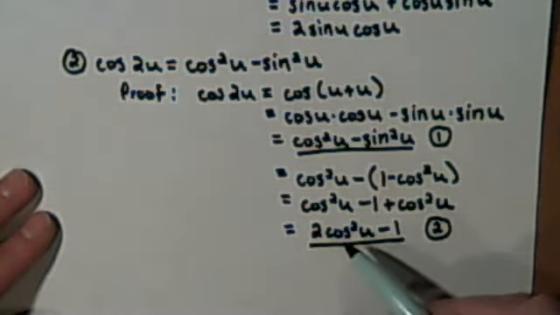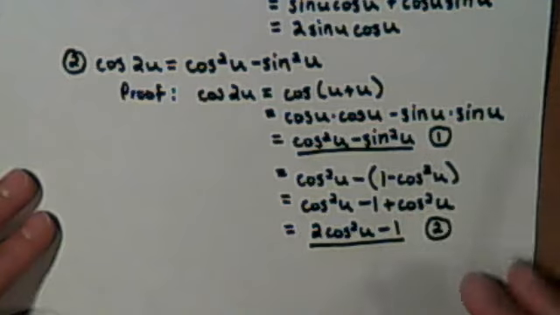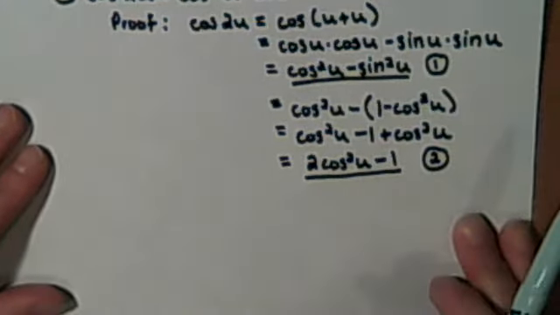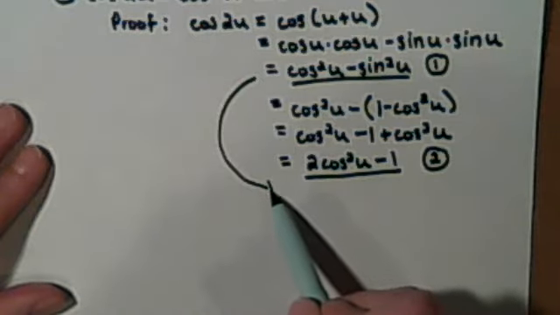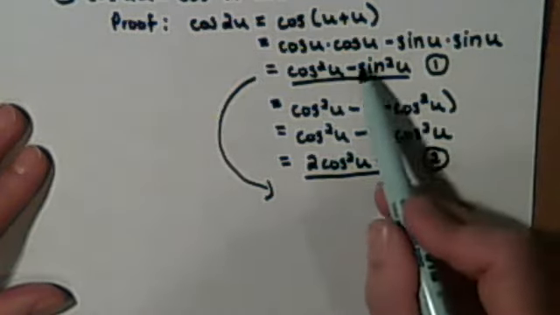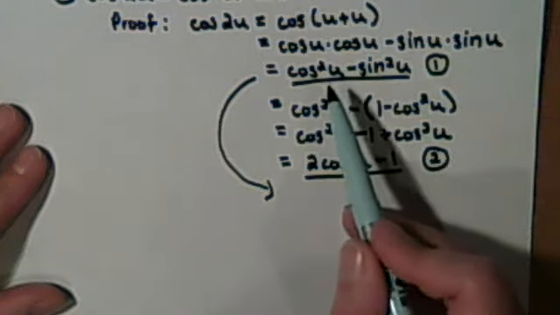And what's nice about this is that you only have it in terms of cosine. Up here we have cosine squared and sine squared. Now the third one would be again going back to this original one we had, but instead of replacing the sine squared u, let's replace the cosine squared u.